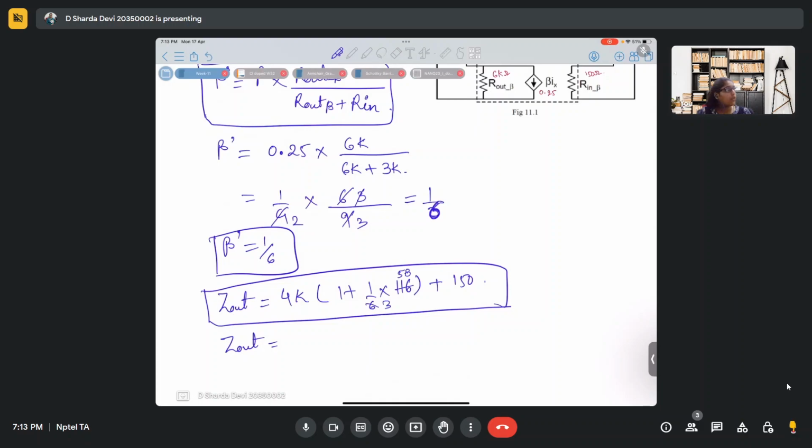42.8K. Isn't it coming 81.5K? No, it's coming 42. Oh yeah, I put it as 1.1 by 6. 1 plus 50, 55, yes.